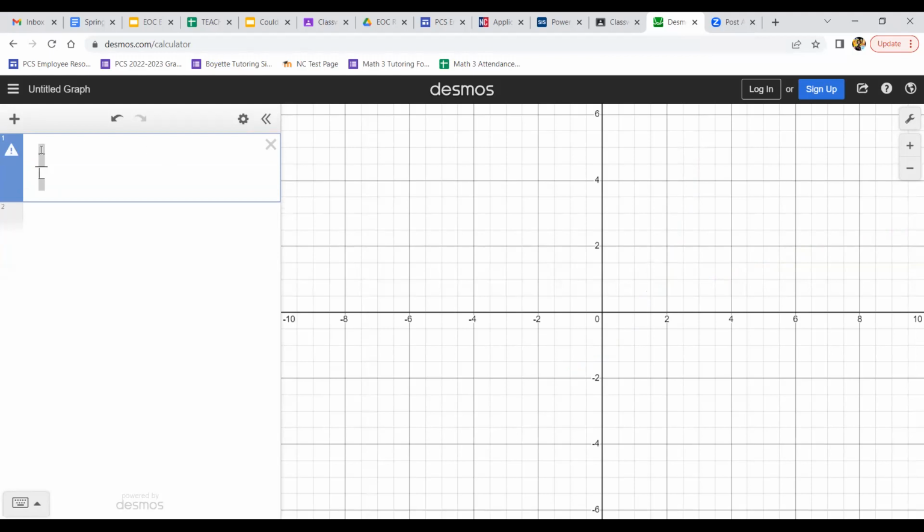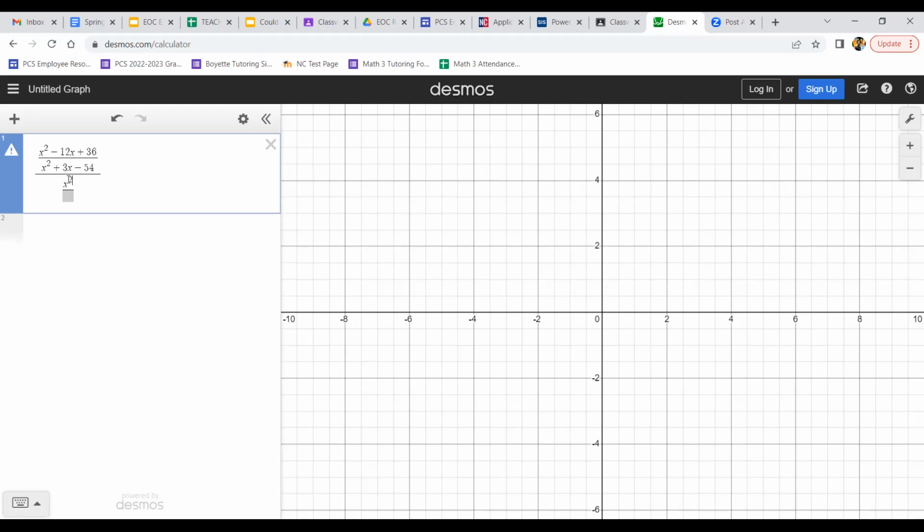For my top fraction, and again, I'm not using n's because Desmos doesn't really like n's, so I'm using x's. X's or y's. I'll go ahead and use x's. X squared minus 12x plus 36 over x squared plus 3x minus 54. So there's my top fraction. Now I'm going to do my bottom fraction.